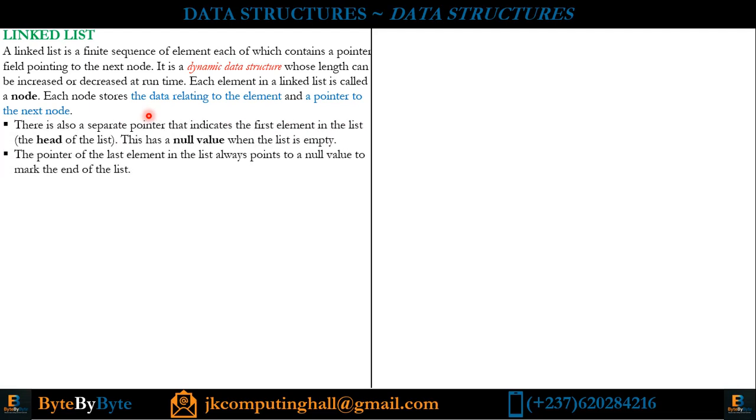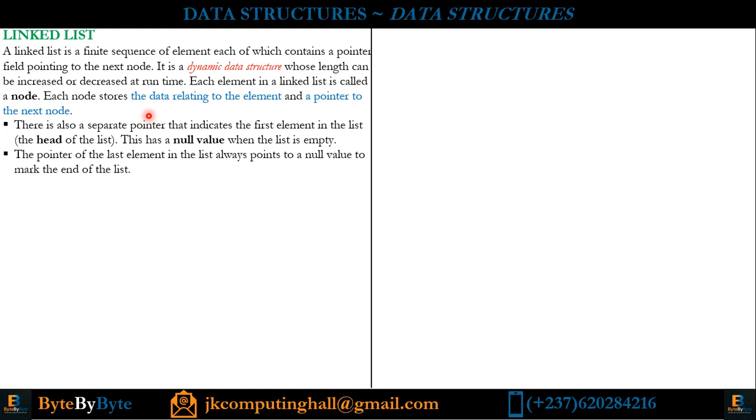Now, there is also a separate pointer that indicates the first element in the list, and it is called the head of the list. It has a null value when the list is empty. Meaning that we have a pointer called the head and it points to the first element of the list. And in case our linked list is empty, this head has a null value.